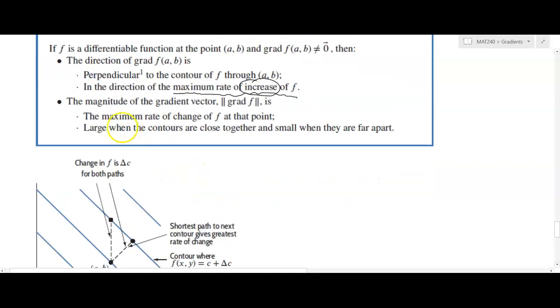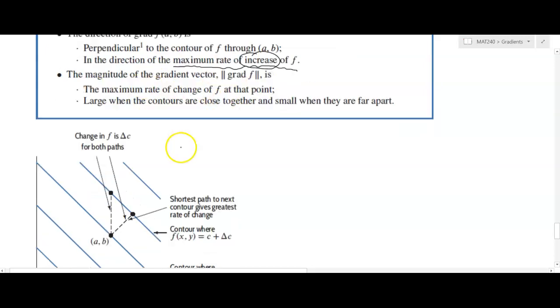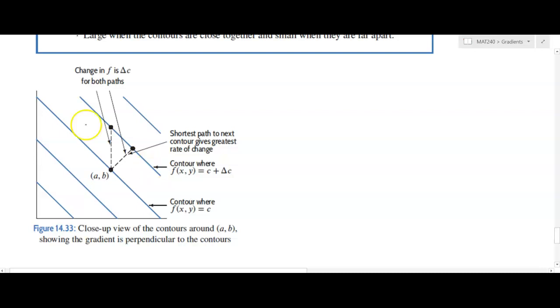So what we're saying here is that it's perpendicular to the contour of f through (a, b). Why is that so? If this is the point (a, b), and this represents the gradient right here, why are we saying that this is perpendicular to that contour? Well, to use a little bit of intuition, if you have a maximal steepness, then that means you're treading uphill as fast as you possibly can.